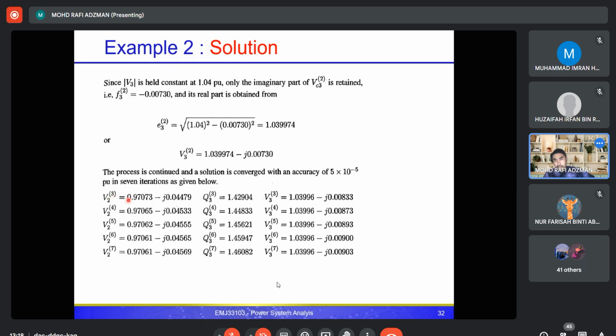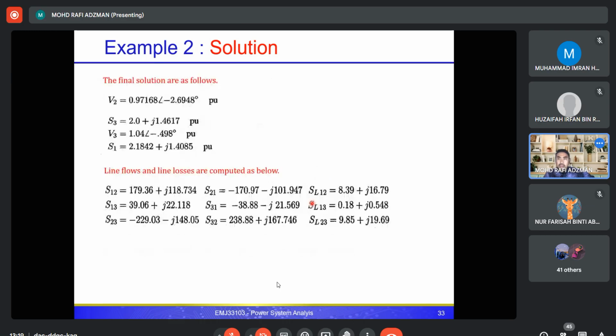You can see that in the third iteration, the value for V2 equals 0.9707. The fourth iteration it changes, fifth keeps changing, then finally the value doesn't change, it's fixed. This part is also fixed, but Q3 still changes, and V3 as well still changes on the imaginary part. So it will continue checking until it satisfies the accuracy 5 times 10 minus 5.